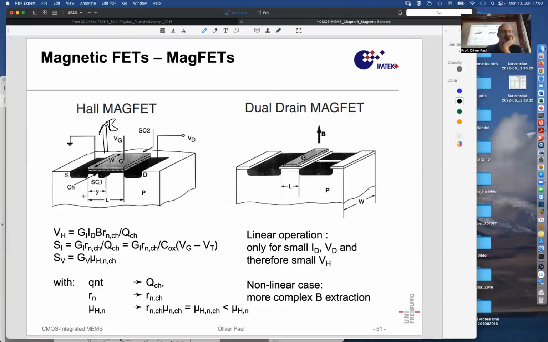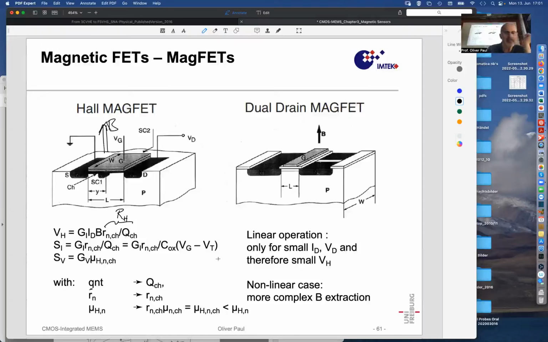And the Hall voltage measured between those two side contacts is then some geometry factor multiplied by the source drain current, multiplied by B, multiplied by what we usually call the Hall coefficient RH, which is some Hall scattering factor divided by usually Q and T.